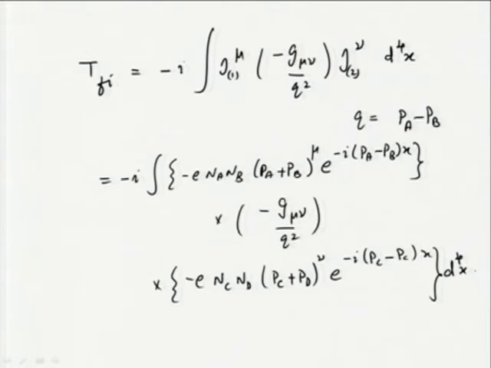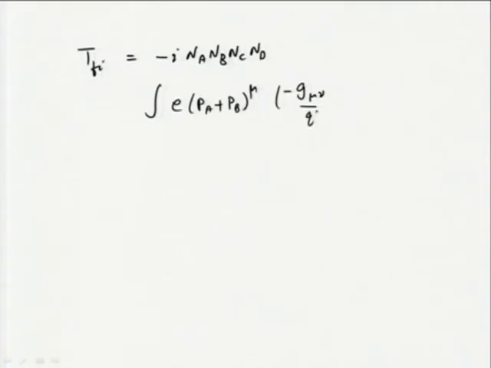This is the transition amplitude written now in terms of the wave function explicitly, as a function of the momentum and the position. Now, let me do some simplification.